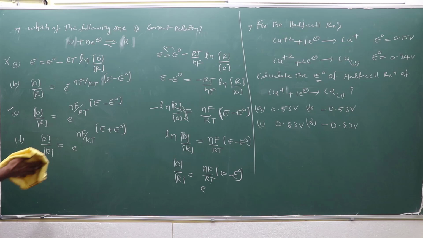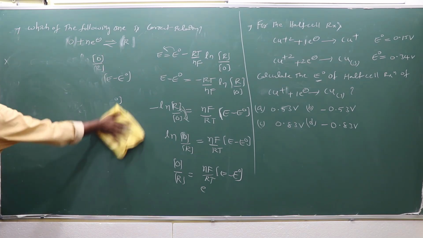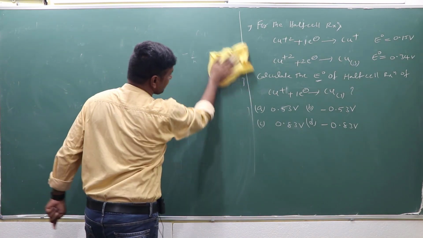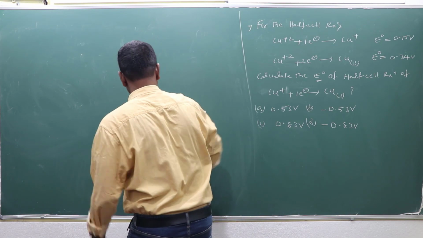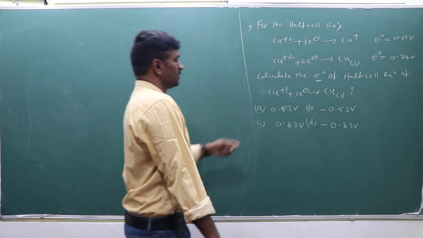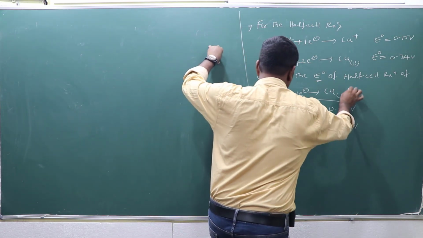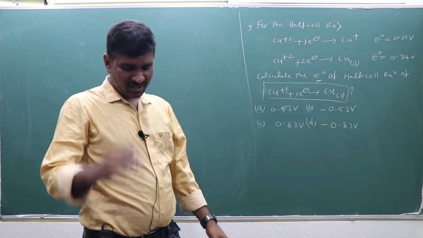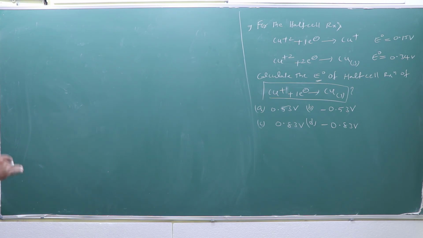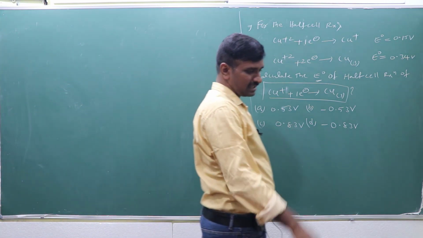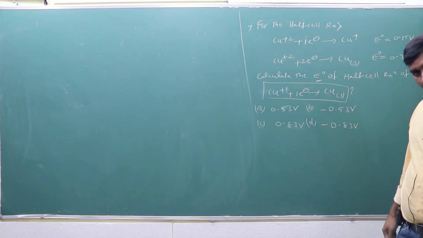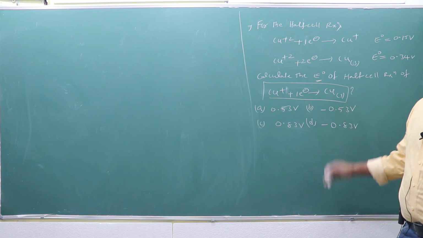Listen, earlier I mentioned that if A to B takes place and B to C another reaction takes place, and A to C is given as a direct reaction, how can you calculate? I mentioned that formula from the Nernst equation's point of view, so you can check that.